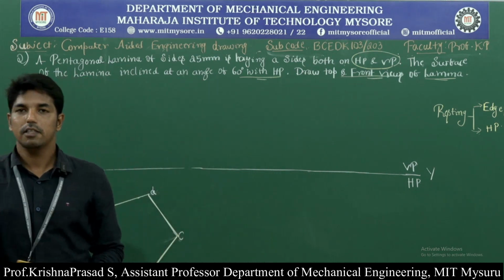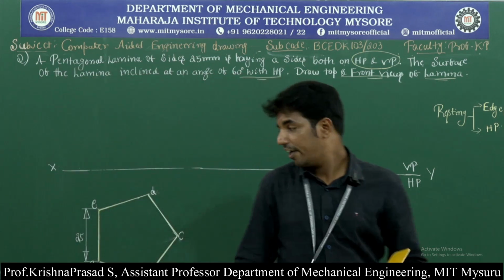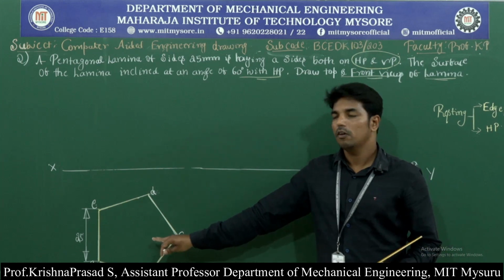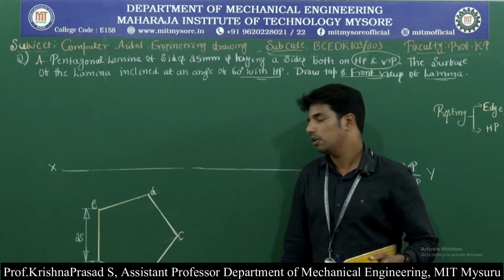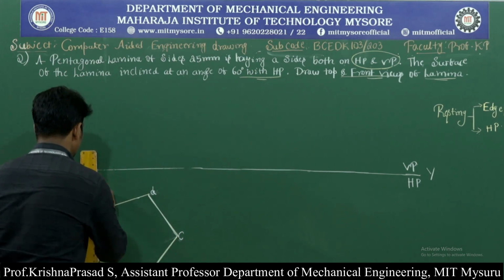So this completes the construction of the pentagonal lamina on HP with a dimension of 25 mm with a resting condition edge. Now we need to project it on the front view.